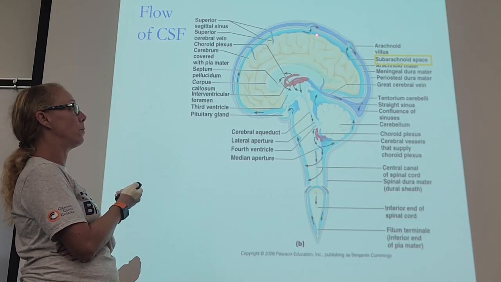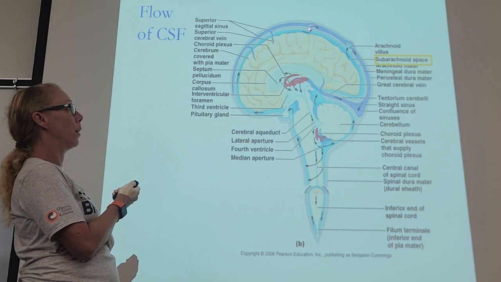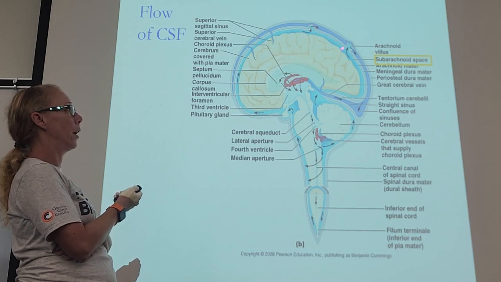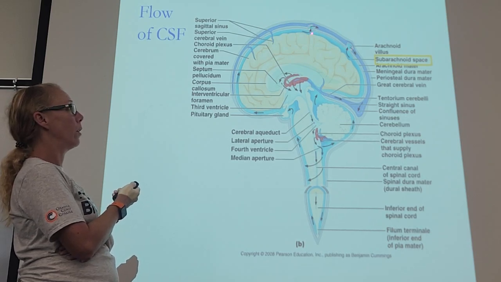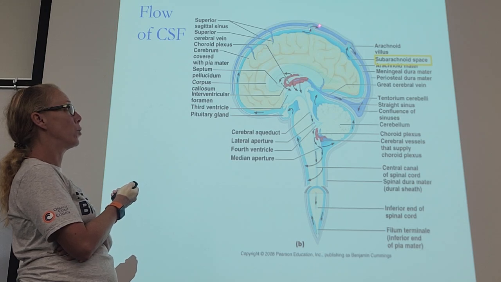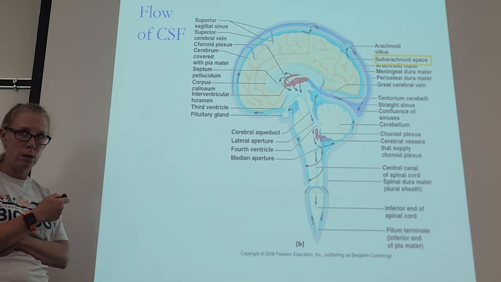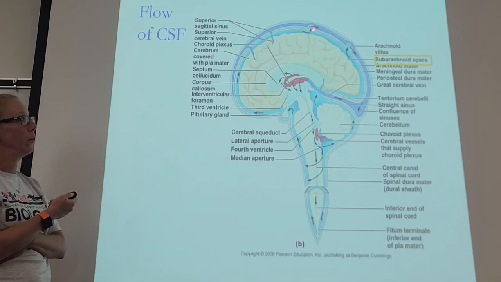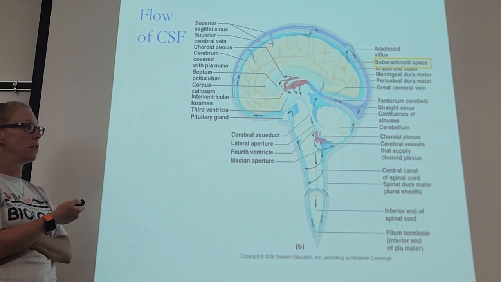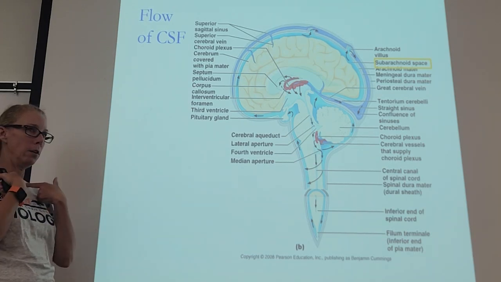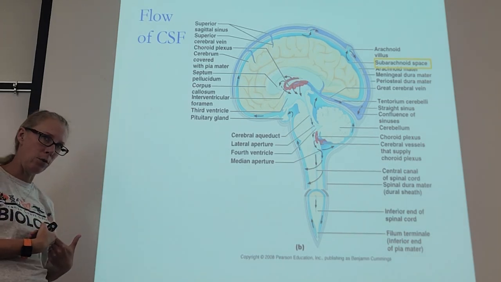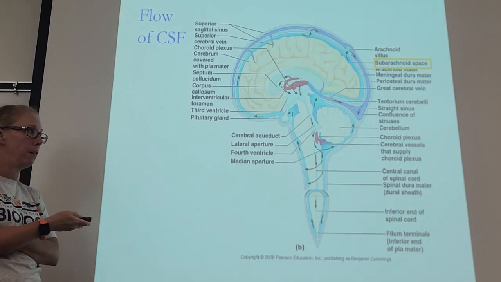And then, because we said CSF flows through the subarachnoid space, we have those little outcroppings called arachnoid villi. Well, the arachnoid villi allow us to resorb that fluid and take it through a sinus of some sort and bring it back into the venous system via your jugular veins, which are taking it back to the heart through the superior vena cava.